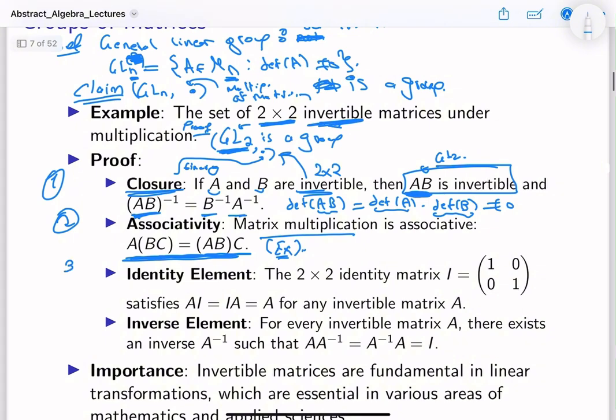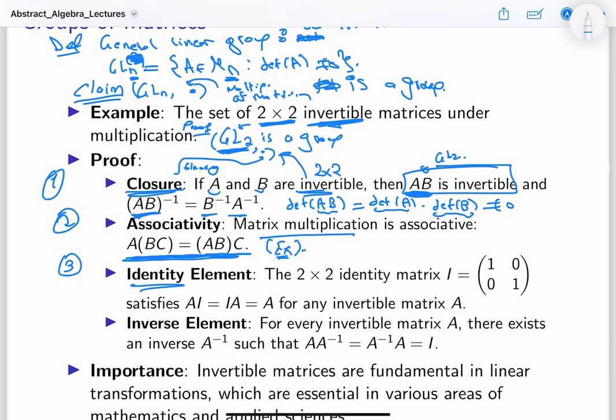So the third thing that we need to check is the existence of an identity element. Before we say anything about this, please do the obvious, which means we're talking about matrix multiplication, and we want a matrix such that when we multiply it with any other matrix, we get the other matrix back.